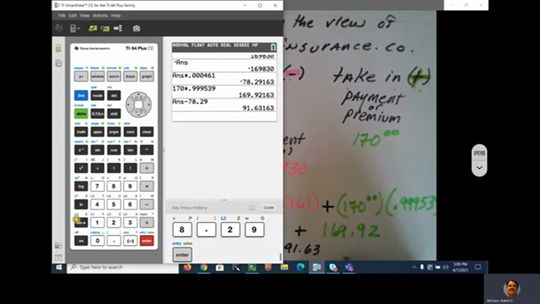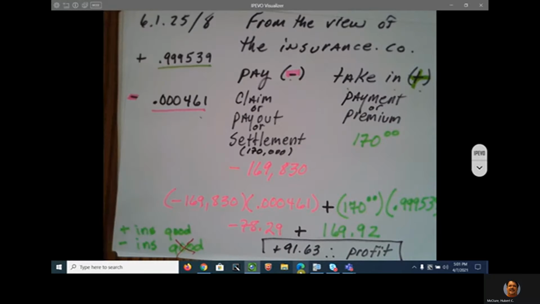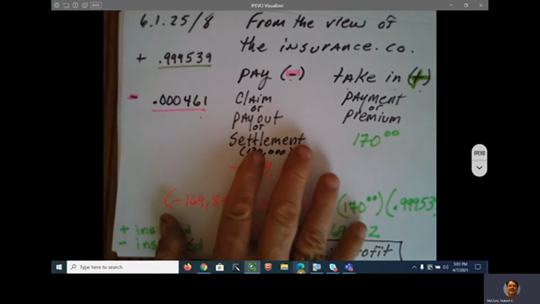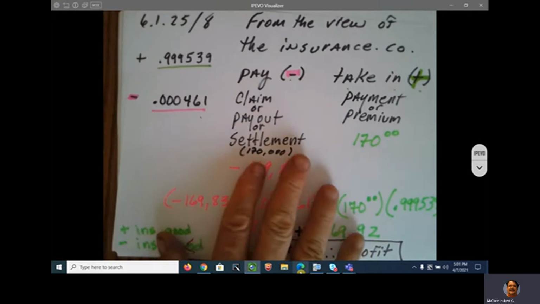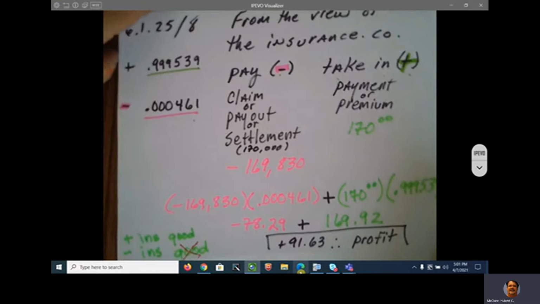Therefore, it's a profit for the insurance company. And that's how you do an insurance expected value.